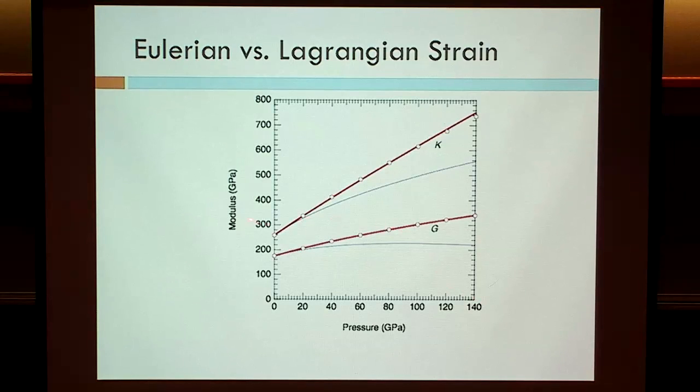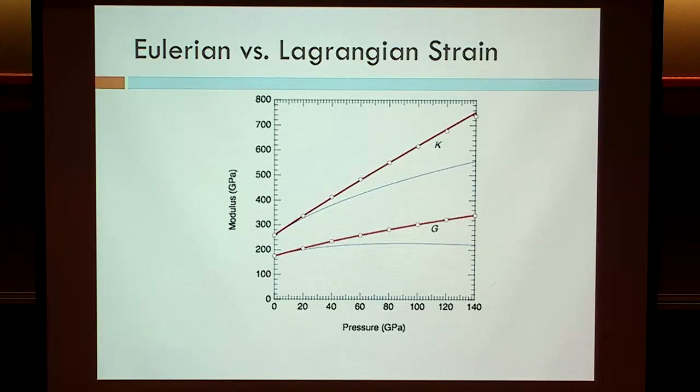And the red is the Eulerian finite strain result, truncated at third order, where I've just used the initial value of the bulk modulus and its initial slope to calculate this curve. And again, for the shear modulus, the initial value of the shear modulus and its initial slope. And you get this very nice agreement between Eulerian finite strain and the ab initio results and the subsequent experimental results.